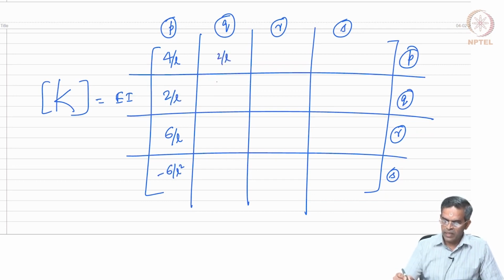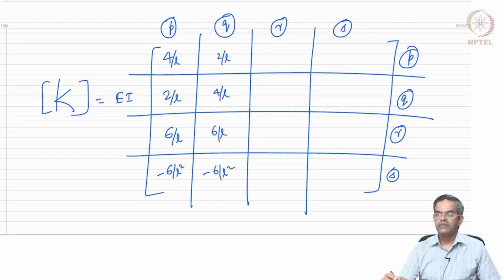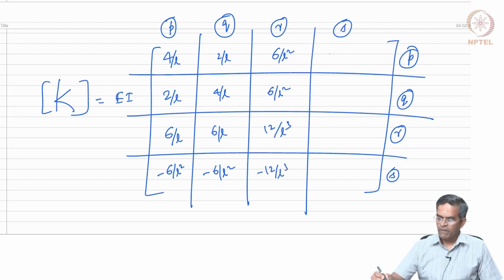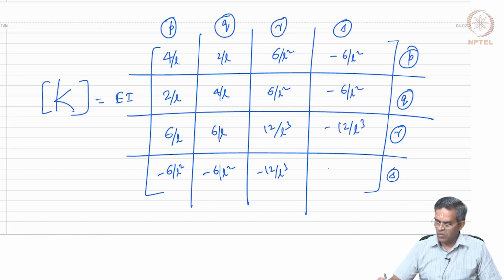So, 2 by L, 4 by L, 6 by L, minus 6 by L square, 6 by L square, 6 by L square, 12 by L cube, minus 12 by L cube, minus 6 by L square, minus 6 by L square, minus 12 by L cube, plus 12 by L cube.